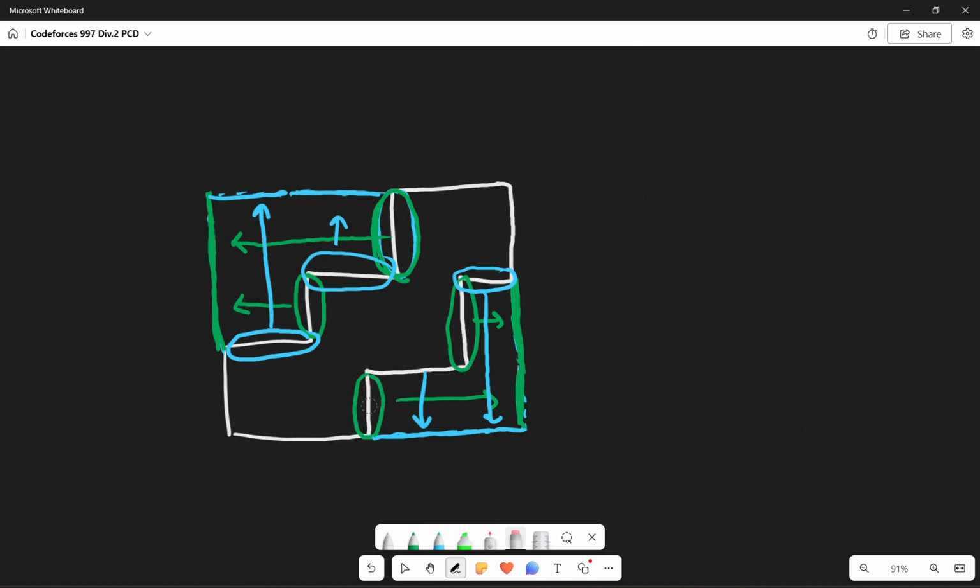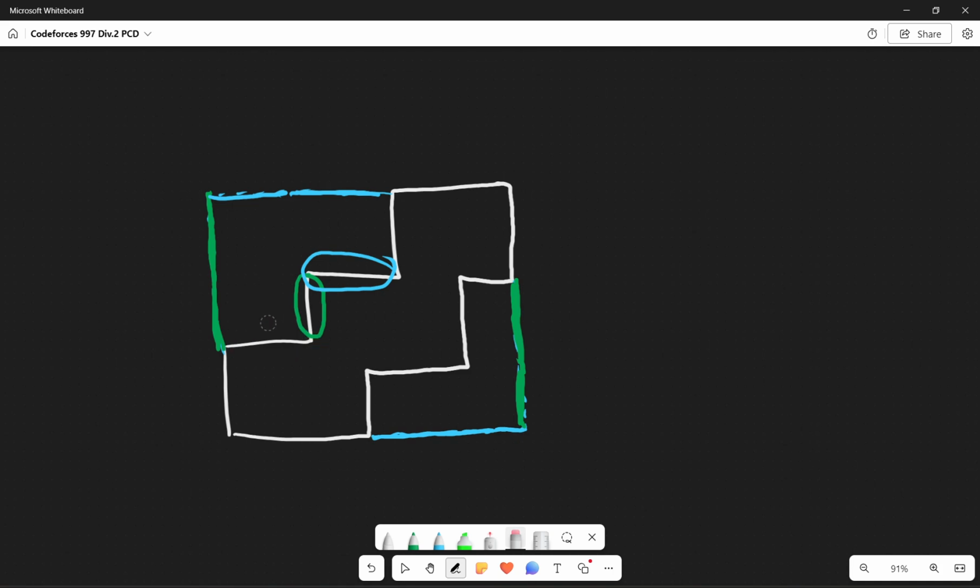So after erasing all the lines which are inside the rectangle, you can see that the perimeter of the figure is just the perimeter of the rectangle, right? And that was basically the solution.